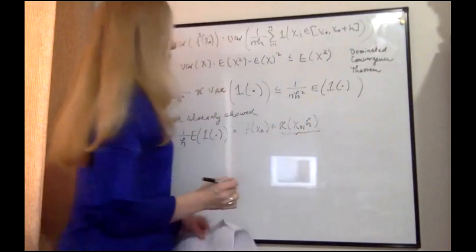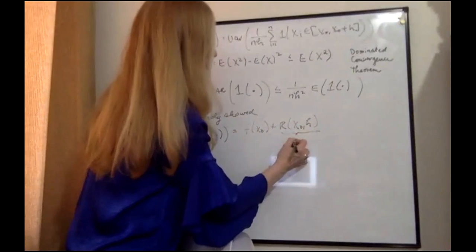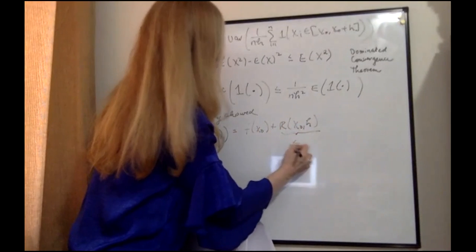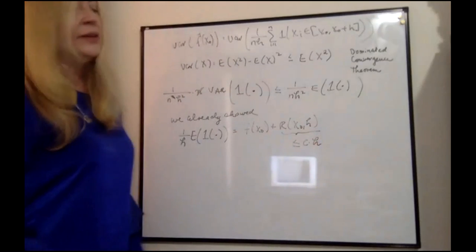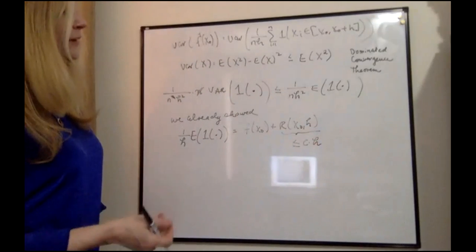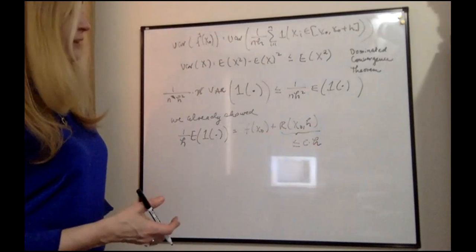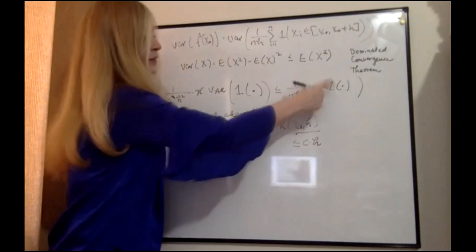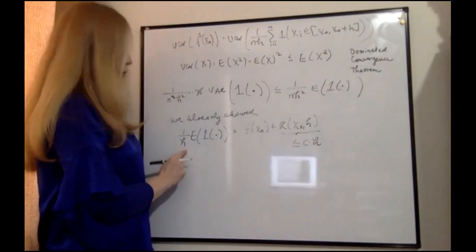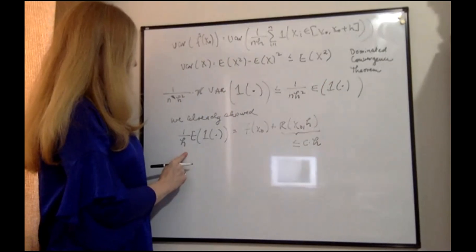This remainder term was bounded by h, because the remainder term went to 0 as h, the bandwidth, went to 0, okay? But now we have this indicator function here, but without this 1 over h.